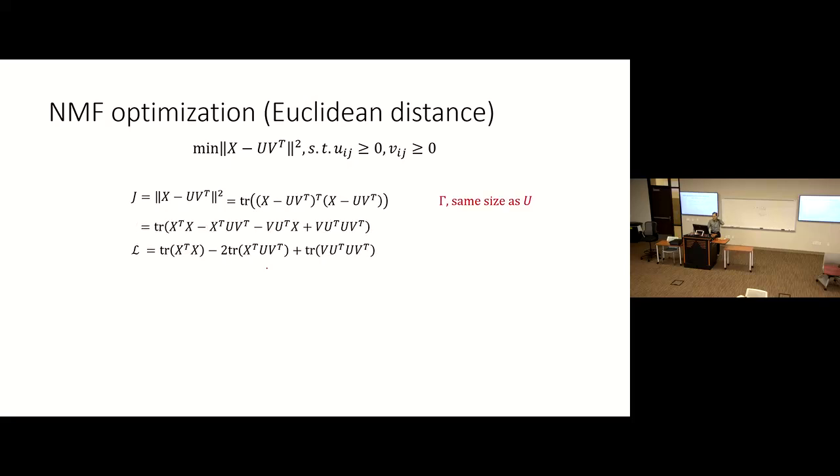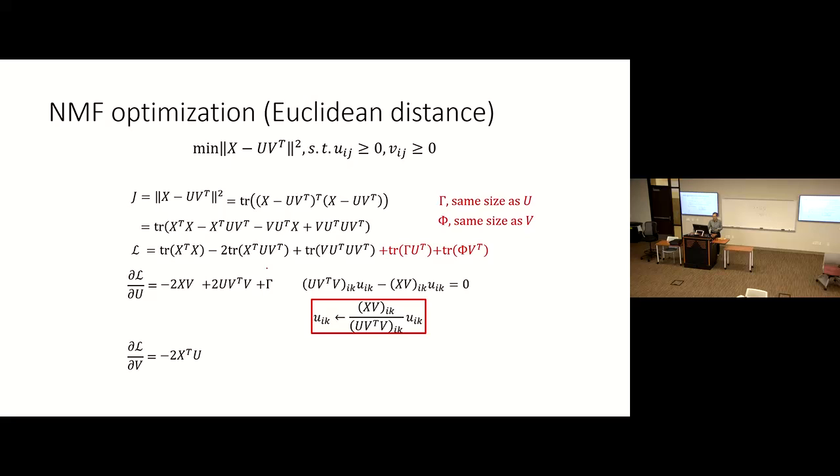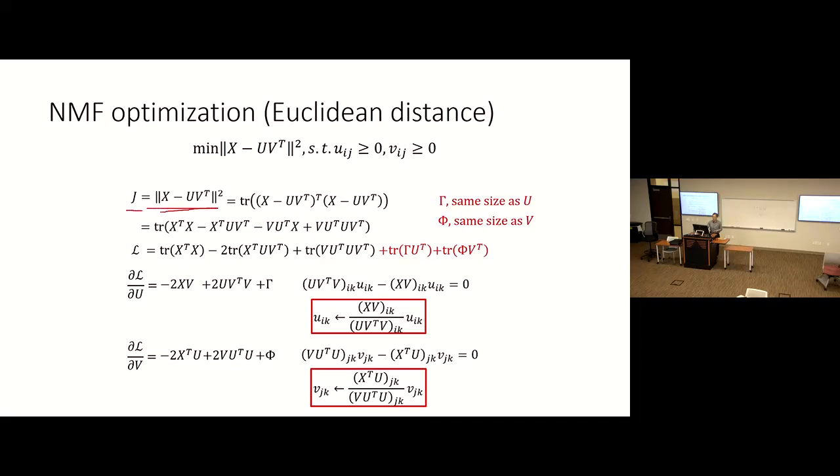There is some theory of why this works, and the algorithm design starts from wanting to minimize this difference, right? You write this up as the trace of these two. So this is the same, okay? Then you expand this expression and get your likelihood function. So you want to minimize the whole thing here.